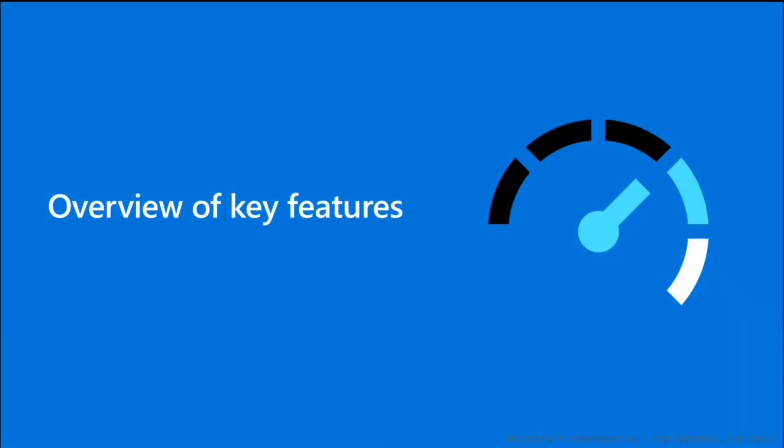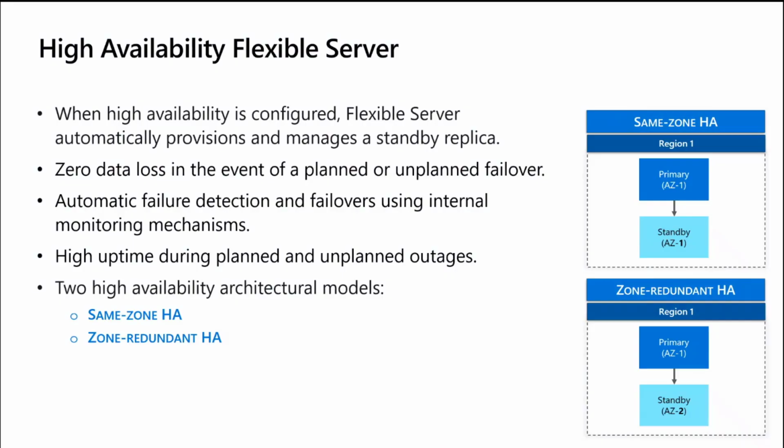So let's review some of the key features we introduced in Azure Database for MySQL Flexible Server. One of the key features we introduced is high availability and protection against zone failure. In Flexible Server, you have the option to deploy a MySQL instance in HA or non-HA configuration.